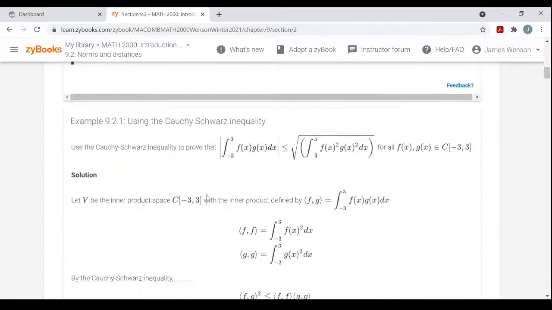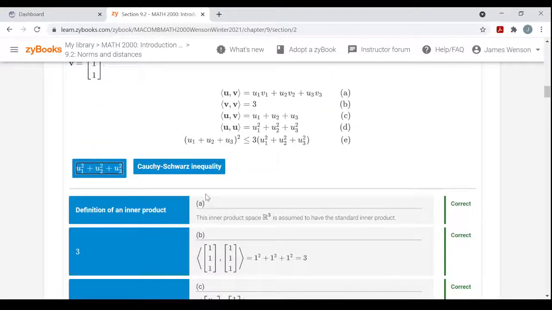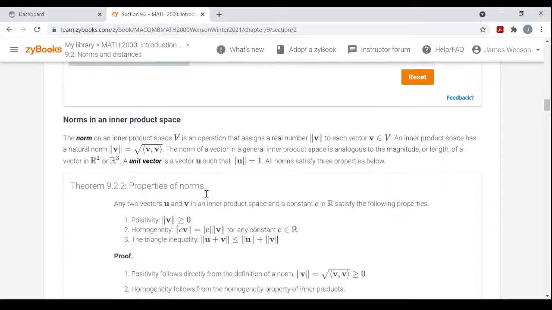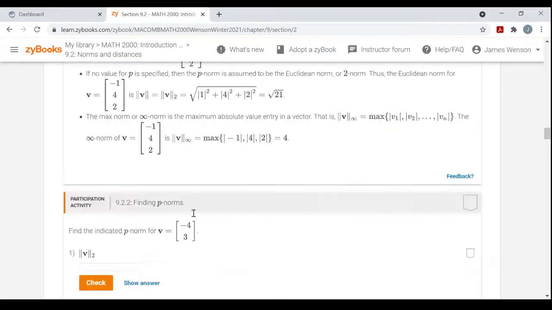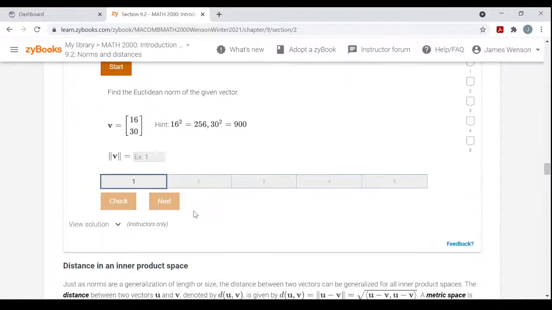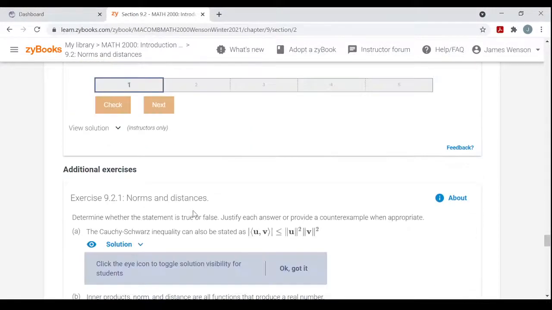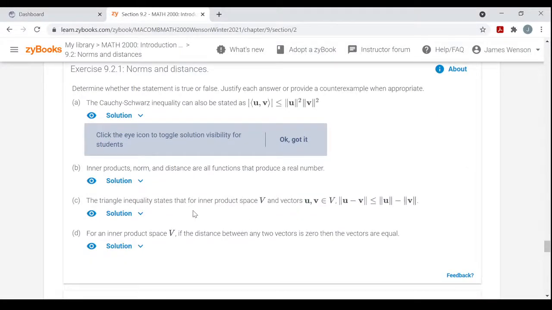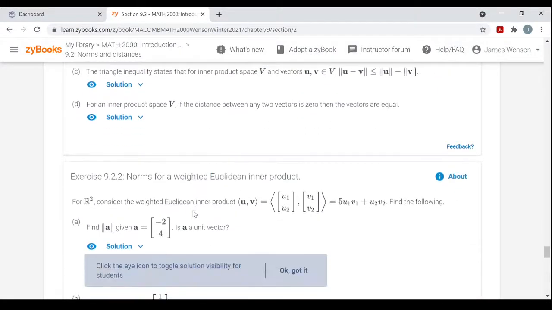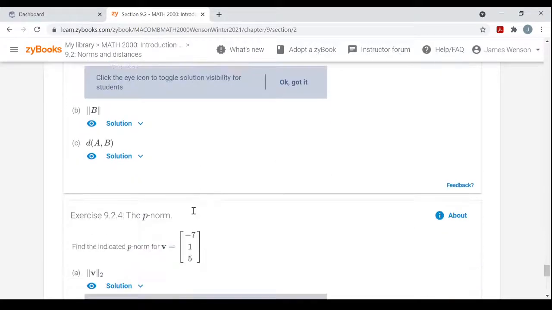Okay. All right. And I'm sure we'll get into more examples of that later. Or maybe you have an exercise. Let me actually go down and see if there's an exercise that I'll do some of. Yeah, so there's Cauchy-Schwarz norms.